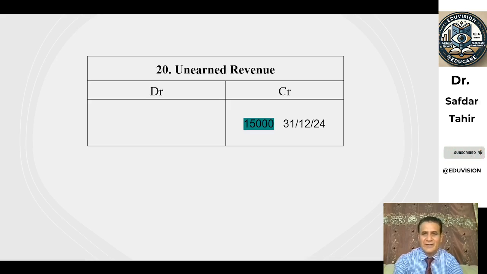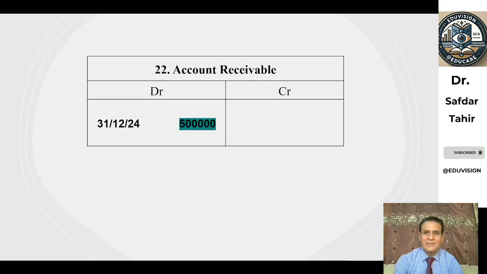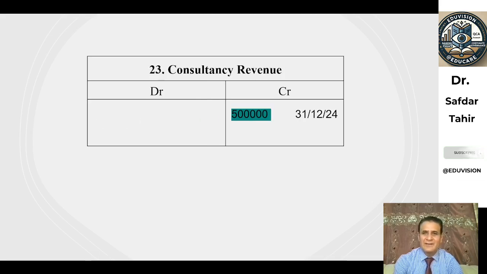Unearned revenue is simply a liability, and liability shows in the balance sheet. Maintenance expense is closed into the income statement. Accounts receivable is also an asset account. Consultancy revenue is also closed into the income statement.